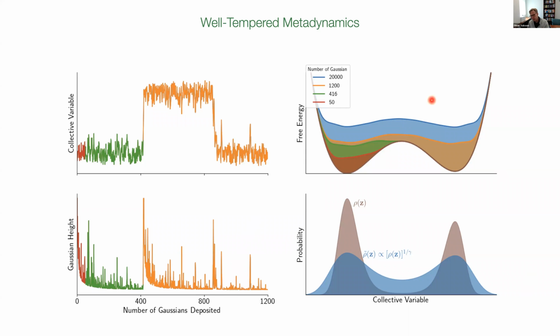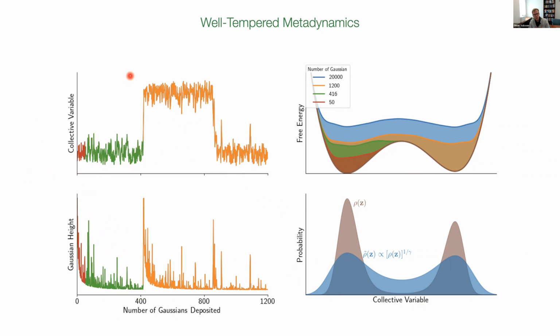And in this case, this gray area is the initial distribution, while this blue area is the well-tempered distribution. And what I show here is the Gaussian height. So when we're in this area, we're just depositing Gaussians in this state here, and we can see that the Gaussian height is going down because we have deposited a lot of bias there.